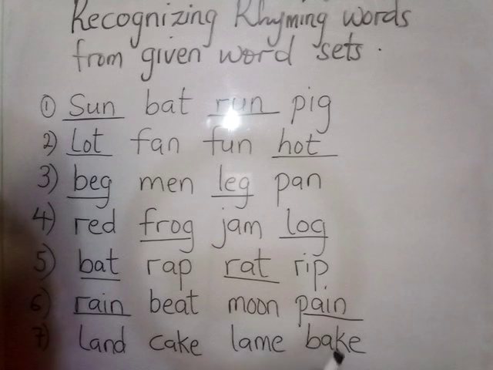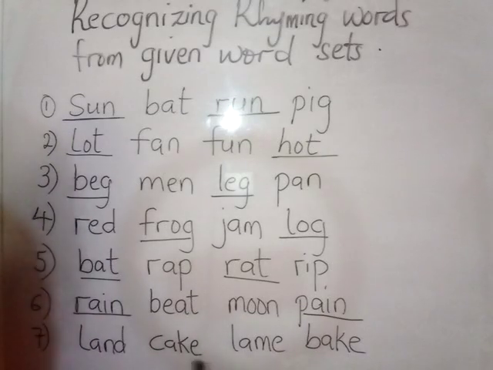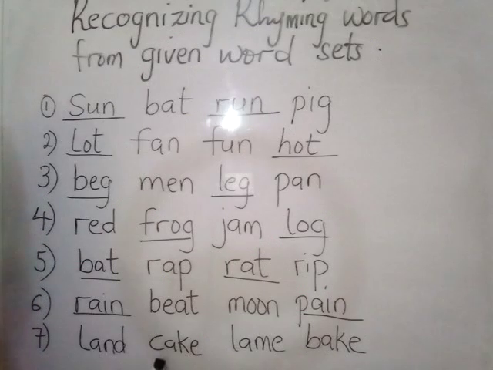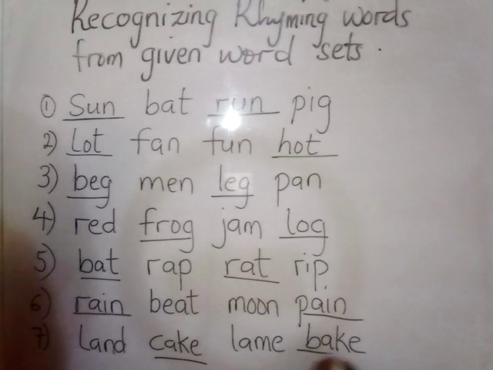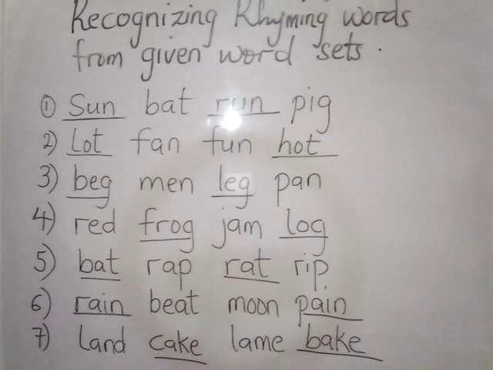Now let's check cake and the next word. Cake, bake. Let's remove the first sound, and remove the first sound here, b. We are left with ake, and here we are left with ake. So we see that cake and bake are the rhyming words in this set that we are looking for.